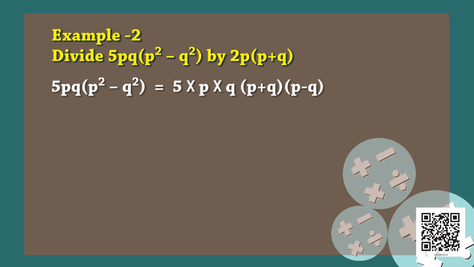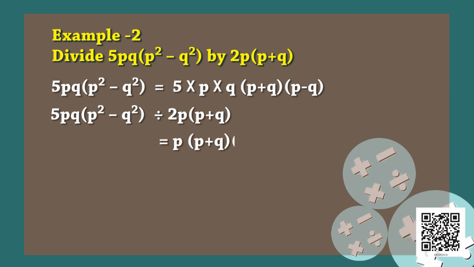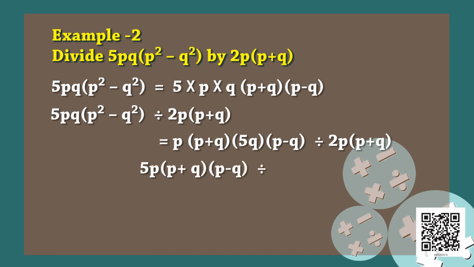Hence, we have 5pq into p square minus q square divided by 2p into p plus q is equal to 5 into p into q into p plus q into p minus q divided by 2p into p plus q. Hence, by cancelling the common terms p into p plus q, we have p into p plus q into 5q into p minus q divided by 2p into p plus q, which is equal to 5 by 2 q into p minus q.